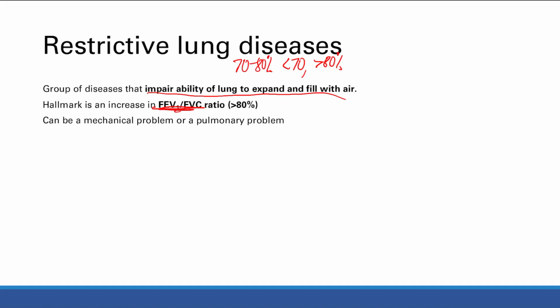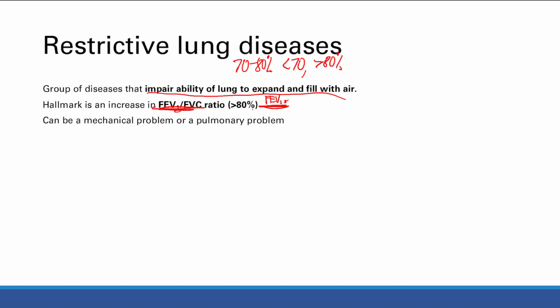Okay, and this is because it's greater than 80% because, first of all, FEV1, how much will that decrease in a restrictive lung disease? They're both going to decrease, but FEV1 is not going to decrease that much. There's nothing blocking air from coming out. But FVC is how much volume you can expire.